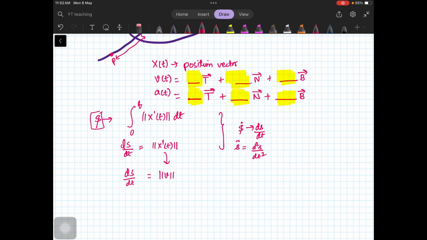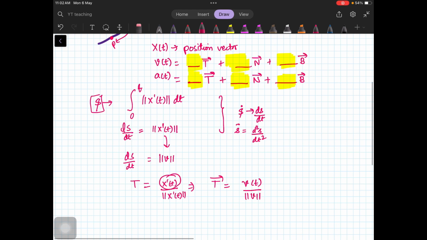And then we also have the t vector, defined as x prime t, this is the definition of the tangential vector, divided by the modulus of x prime t. That is nothing but velocity divided by the modulus of velocity, which is s dot. So from here you get that v t is s dot times the t vector.